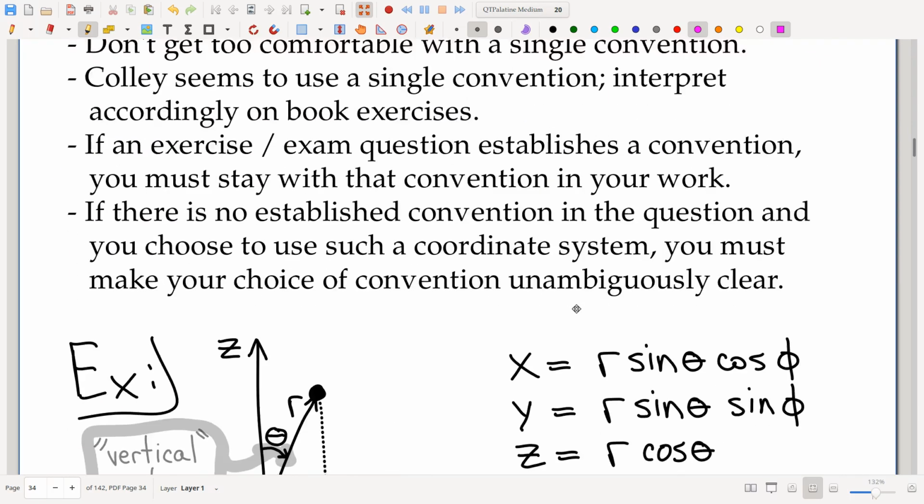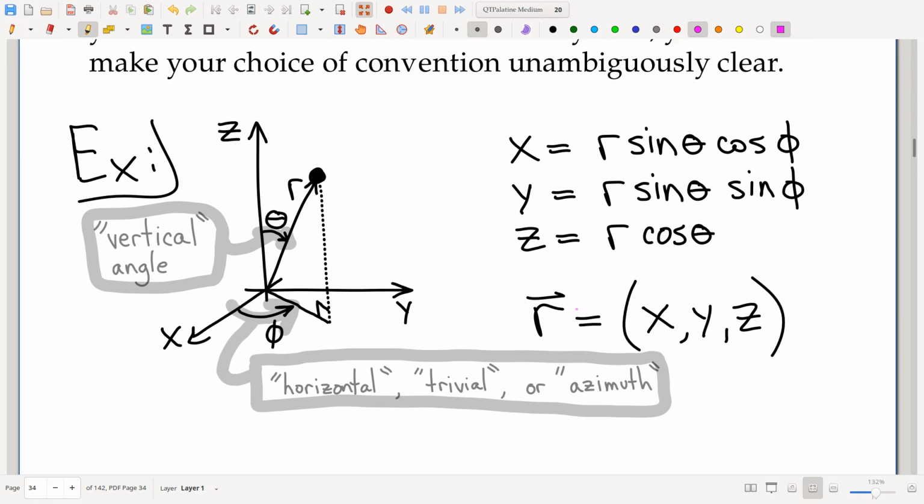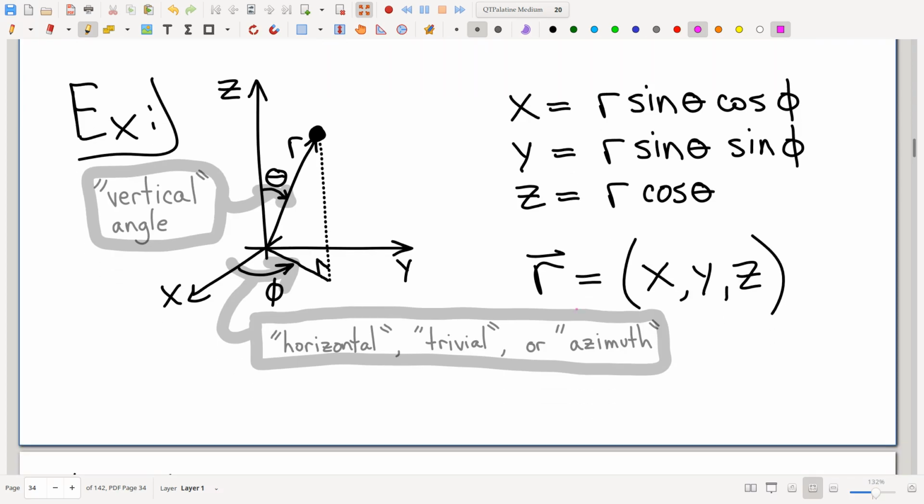There are different conventions. Here's what I think would be called the standard physics convention, and that is to use r, not rho, to represent that radial distance. I mean, we use the r vector to indicate the position vector. Pretty reasonable choice, isn't it?